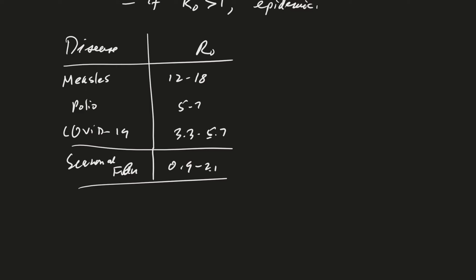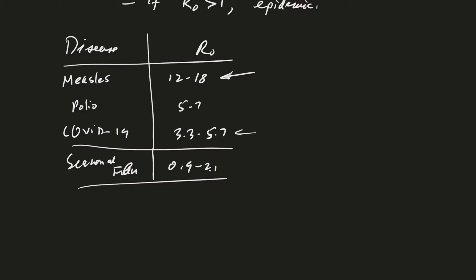Okay, so there's a wide range there because there's lots of variation, but you can get an idea of where the R0s come from. So you can see here, measles is really a bad thing, right? Because the infection spreads very rapidly. And COVID-19, of course, spreads very rapidly itself.